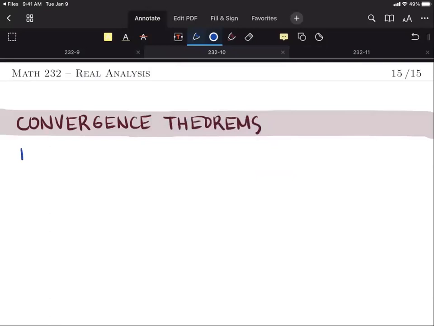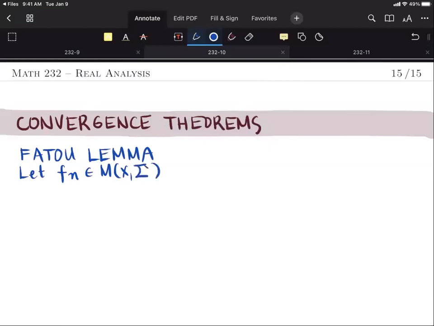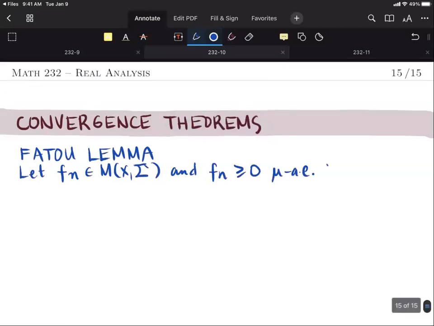And indeed, we have the so-called Fatou's lemma. So let's start with a sequence of measurable functions that are non-negative. Well, we know that the Lebesgue integral is unchanged for a set of measure 0, so we can assume that the sequence is non-negative almost everywhere.